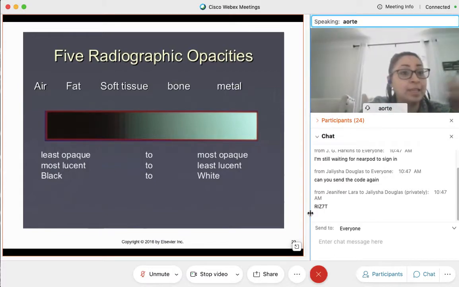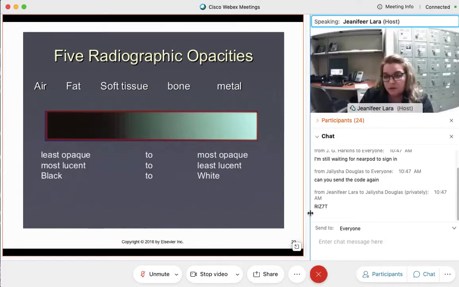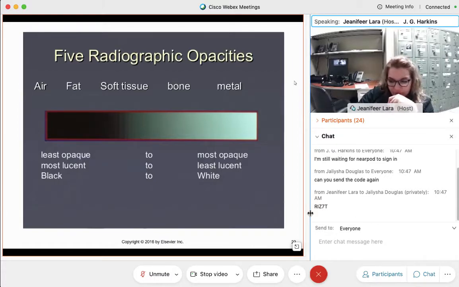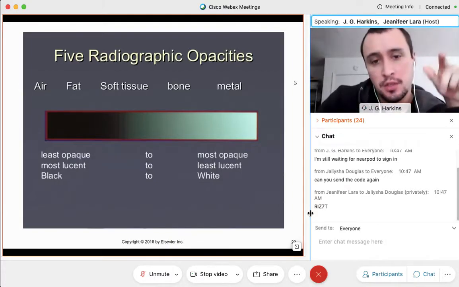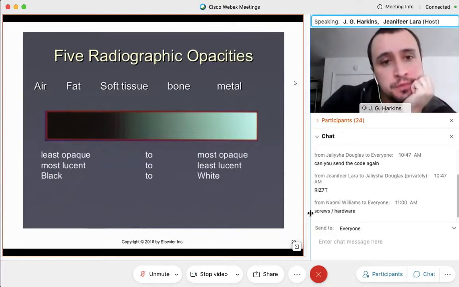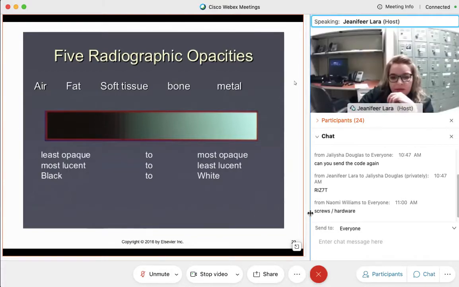Prosthesis. Is that what you're asking? Yeah, prosthesis. Good. Maybe a prosthesis. Where else? John, where else would we find metal? In maybe the form of artifacts, or during fluoro, the doctor uses an instrument to mark the position. Absolutely. So prosthesis, artifacts.